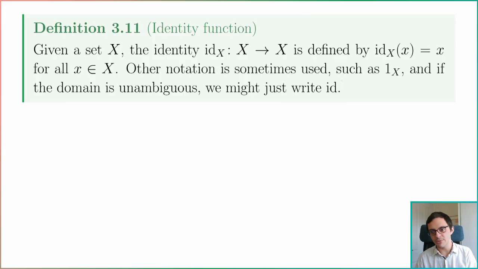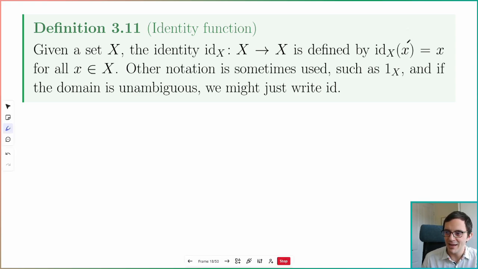And one last important function is the identity function, written id subscript x, id for identity. And that's a function from a set to itself, which is defined in quite a boring way by just taking your value x and returning x. So you can do this on any set x, and sometimes if it's obvious what the set is, people don't write it and just write id for identity.